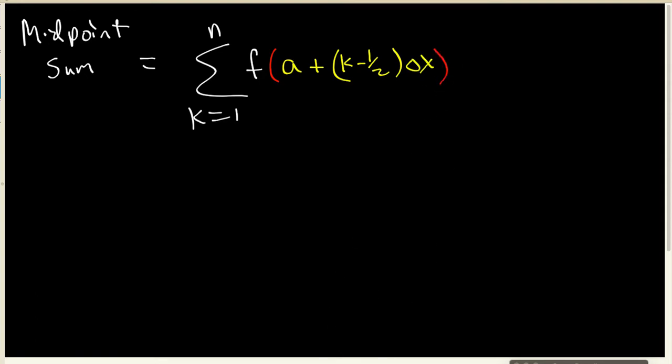And now I have to multiply that by a delta x. And the stuff inside the big parentheses is f of ck times delta x. Let me make that just a little bit clearer. So f of ck times delta x is this mess, and there's the summation.